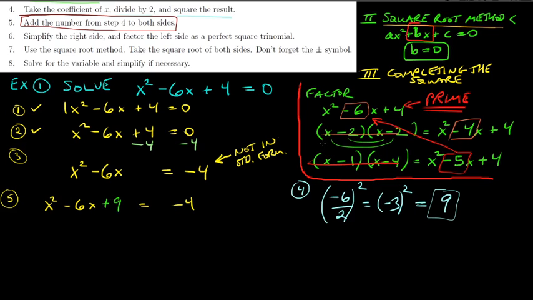And again, if you're worried about that, you could put the 9 over here as well. In this case, it doesn't matter. Negative 4 plus 9 or 9 minus 4 is the same thing. Okay, so what do we get now? On the left side, we get x squared minus 6x plus 9. And on the right side, we get negative 4 plus 9, which is 5. Right, just positive 5, right?